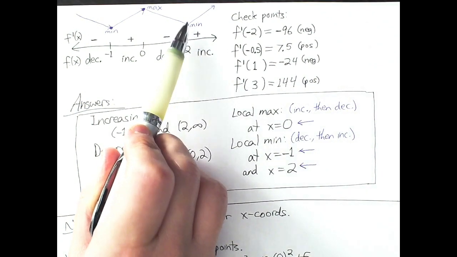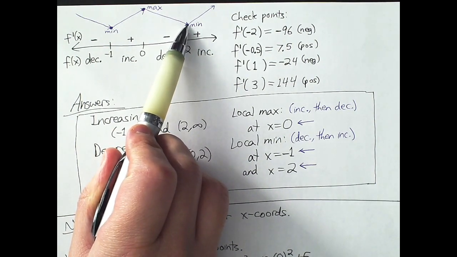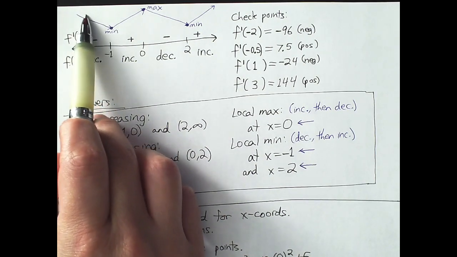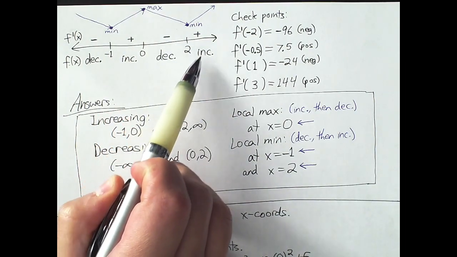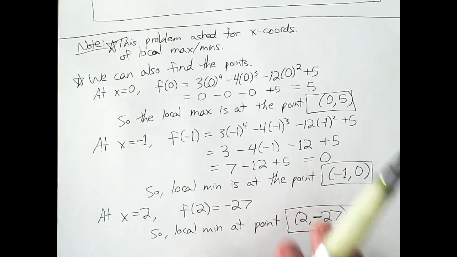So this local minimum is supposed to be much lower than the other one. In fact, it's probably an absolute minimum, right? Because it's like going down to this, up to this, down really far to -27, and then up. So yeah, we'll talk about that more in the next lesson.